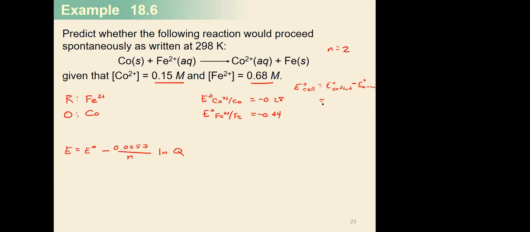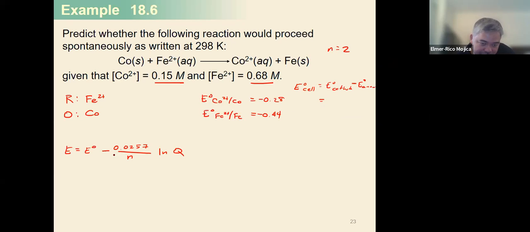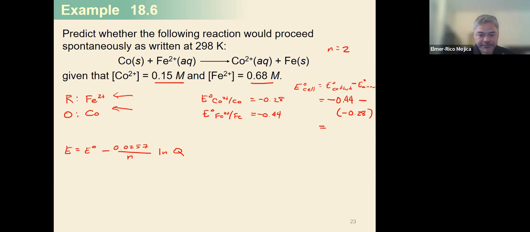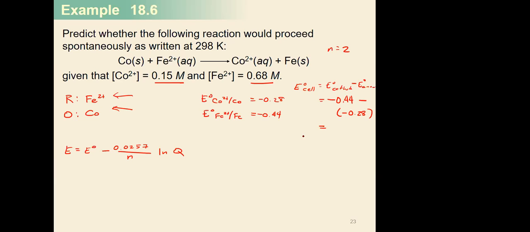So what is the cell potential? Where will I put the negative 0.44, or what value will I have in the cathode here? So I get negative 0.44 minus negative 0.28. Is that right? And that is equal to negative 0.16.